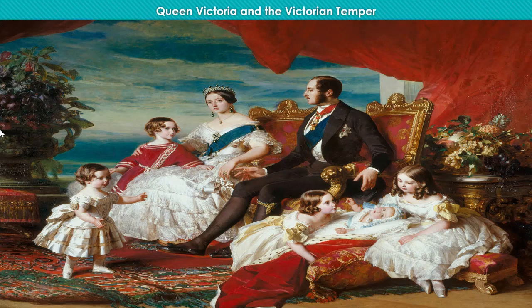Queen Victoria's marriage has quite an interesting story behind it. Victoria had inherited that passionate, pleasure-seeking life of her uncles and aunts. So she was like them, but she was very lucky.